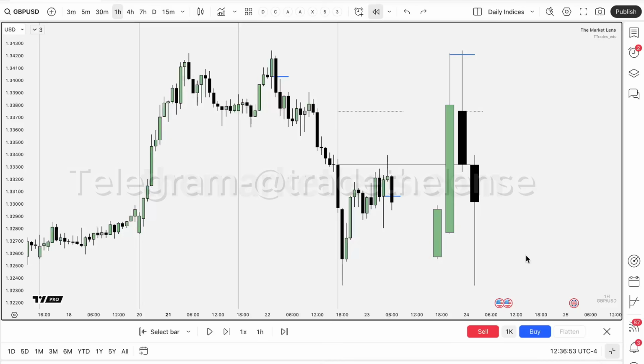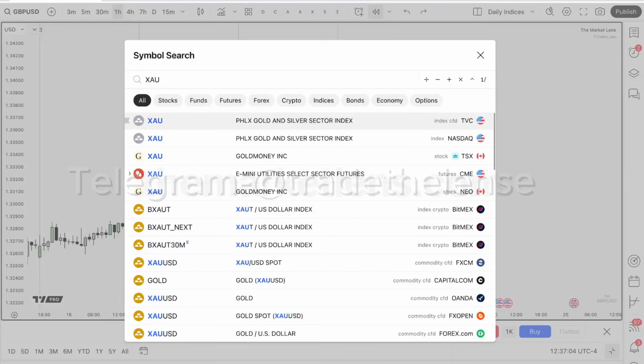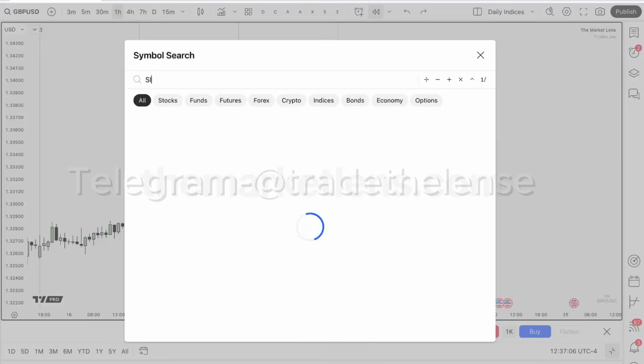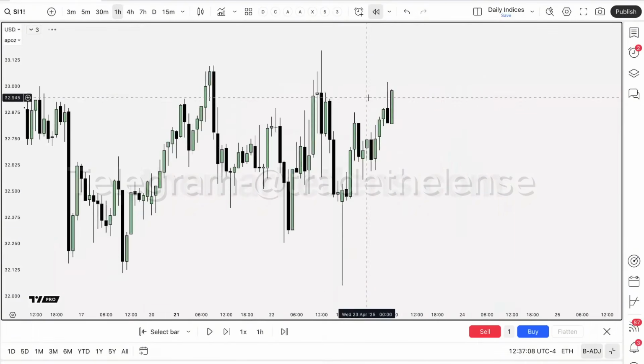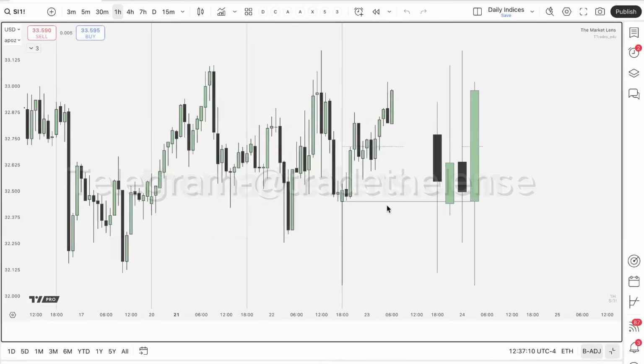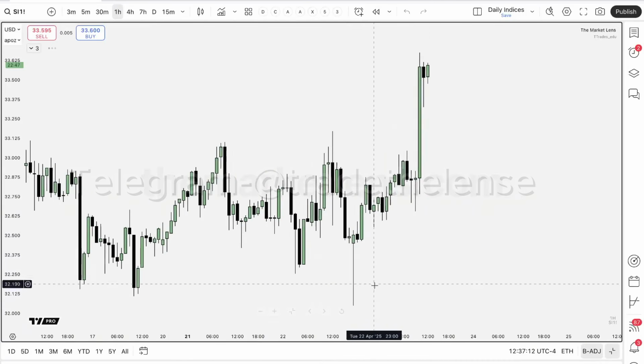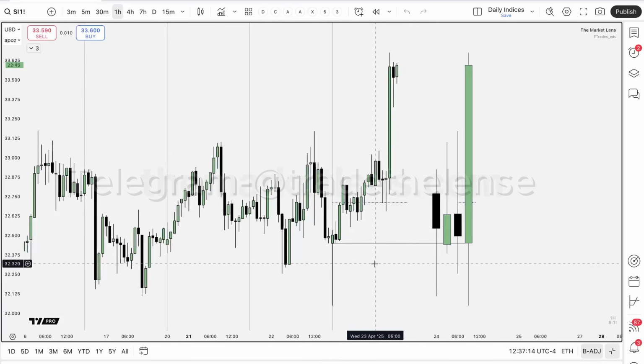Would it be valid to trade the 1 hour Asia CISD on XAU? That's silver, right? One-hour Asia CISD. This looks a bit choppy. Oh yeah, that's valid.